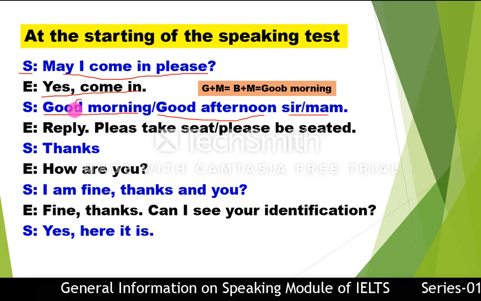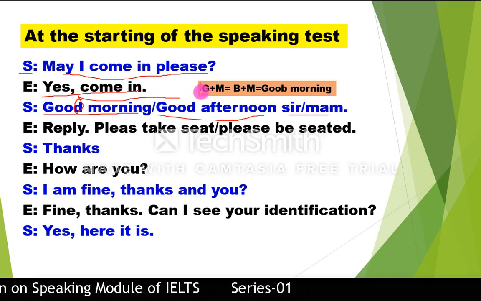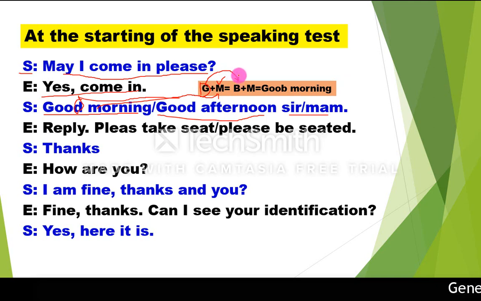This is a D, and this is the M. If the last letter of the first word is D, and the first letter of the last word is M, when you pronounce this M, the D will change into B. So the pronunciation is like good morning. British pronounce it this way, while the other pronunciation is used in the USA.